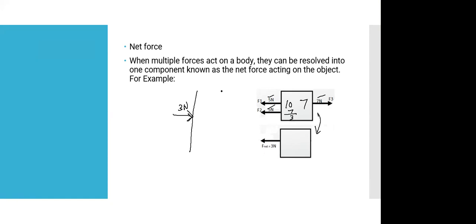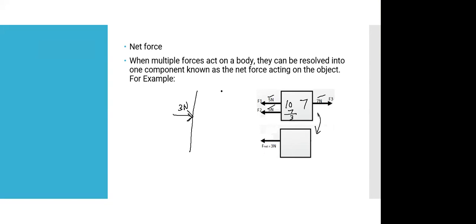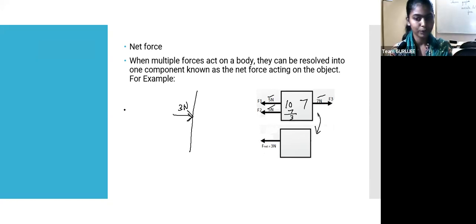Ma'am, I know the formula. Yes, it's coming like a formula. Ma'am, mv minus mu, ma'am. Right. mv minus mu, you can say. The rate of change means, instead of telling it like mv minus mu.